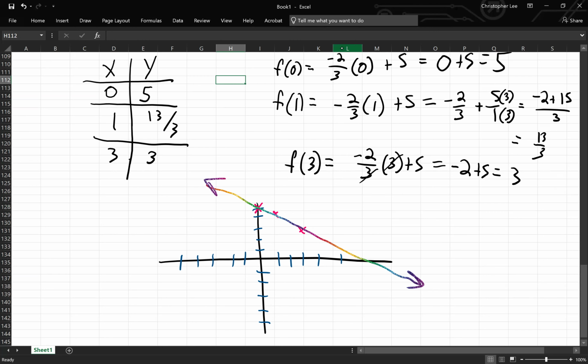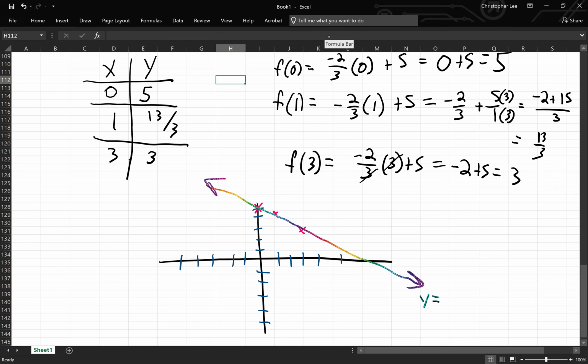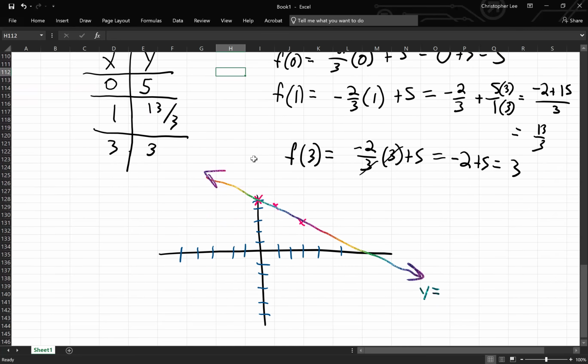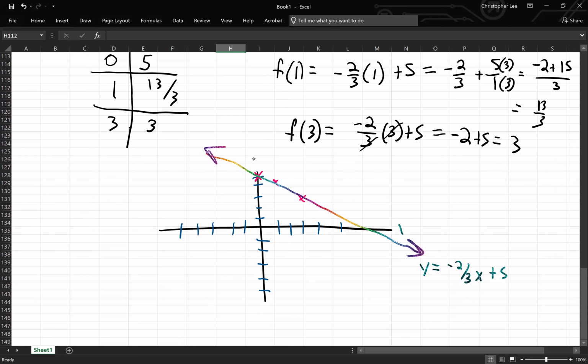Any questions on this? We should also label this. I didn't even put a label on this, but this would be y equals negative 2 over 3x plus 5. This is my x-axis. This is my y-axis.